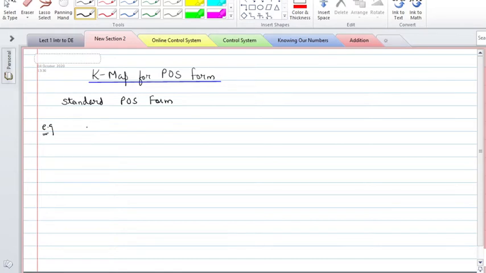Suppose a Boolean function f(a, b, c, d) is given in standard POS form, like this: Pi 0, 1, 3, 6, 8, 12 and 15.